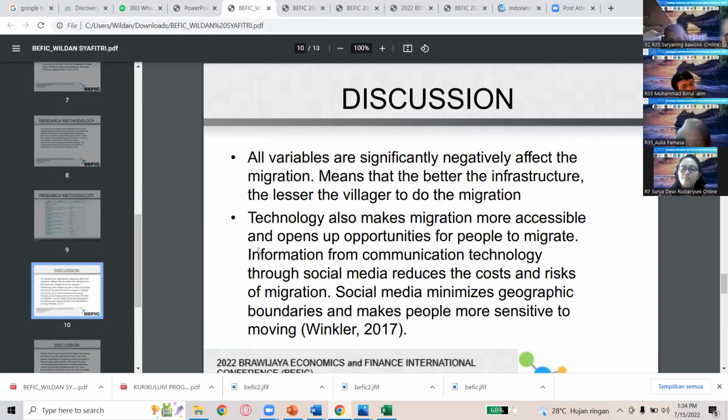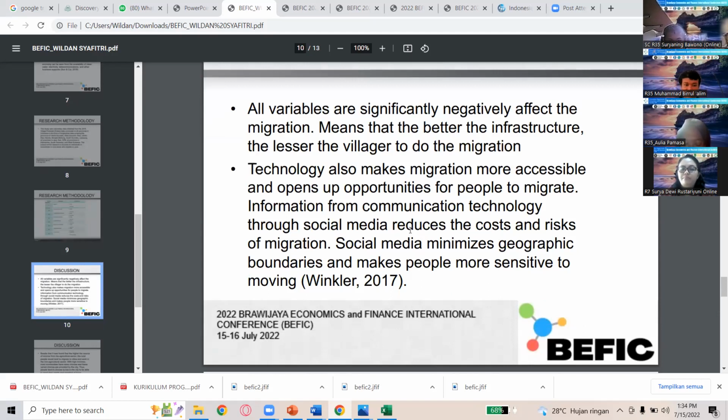And the discussion: almost all variables are significantly negative for migration. It means that the better the infrastructure, the less the village does migration. I also found this in many places, in most villages in Gunung Kidul and East Java.